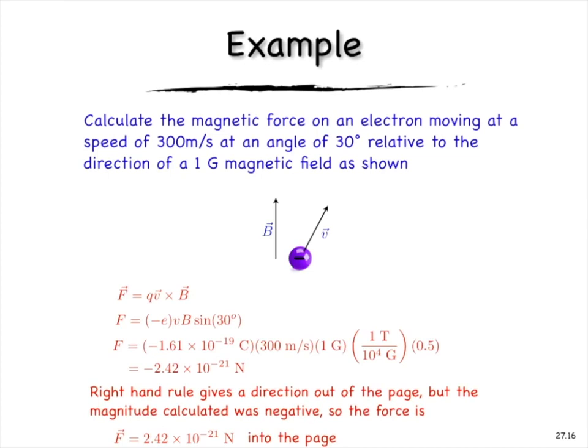A big electromagnet, the kind of thing that could lift up a car, has a field that's on the order of Teslas, so 10,000 times stronger than the Earth's magnetic field. If you go into an MRI machine, you might get up to 10 Tesla or something.